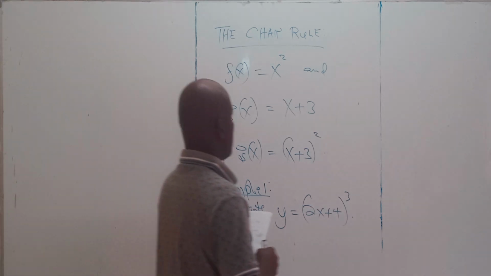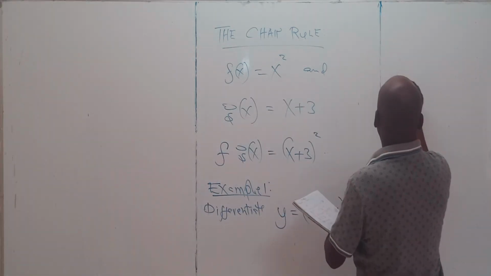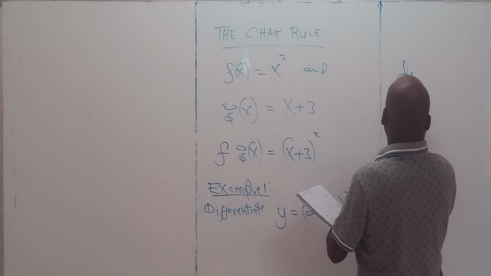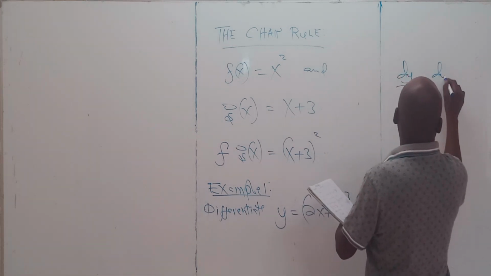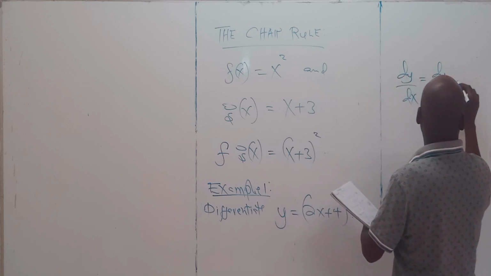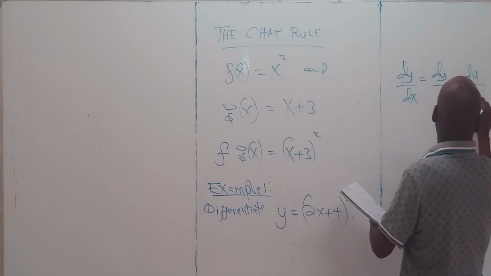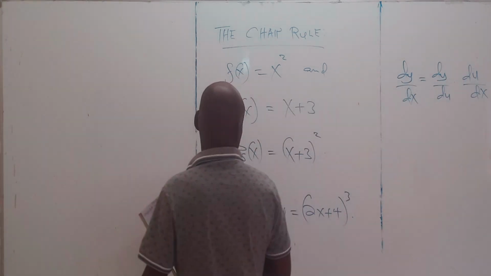The chain rule basically says dy dx is equal to dy du dot du dx. So basically that is what the chain rule is.